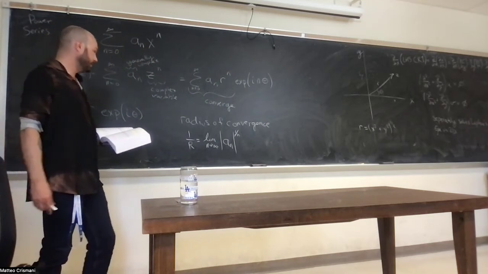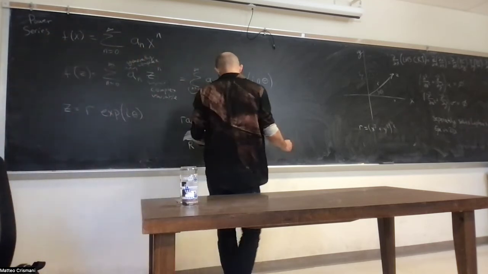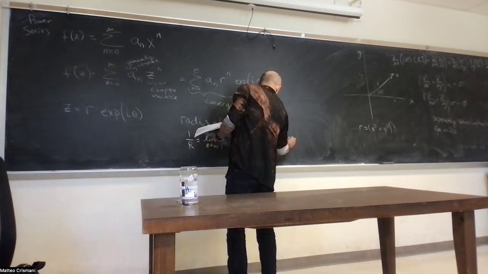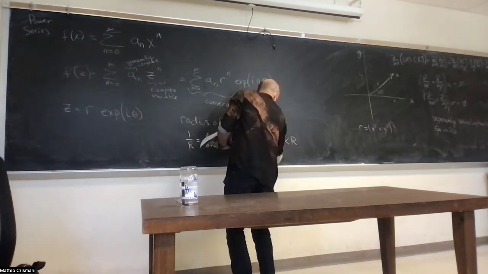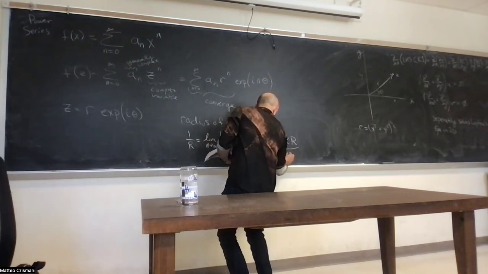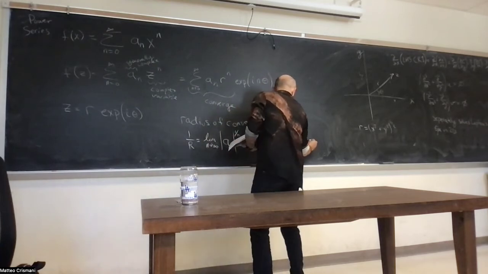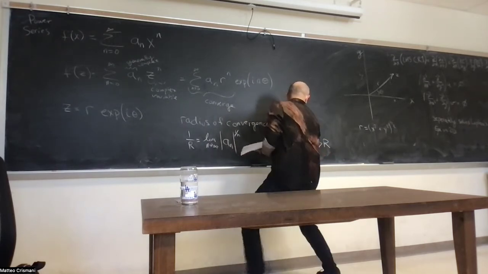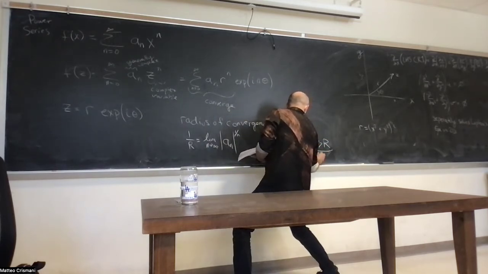This is convergent, absolutely, if |z| is less than R, and outside of it, divergence.